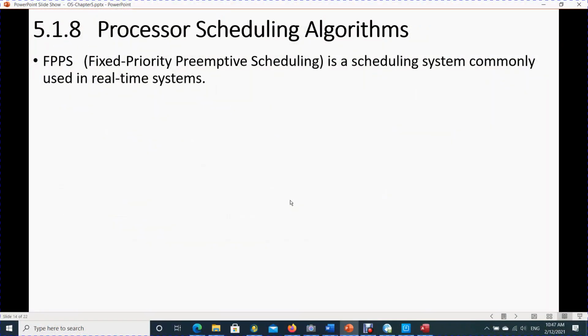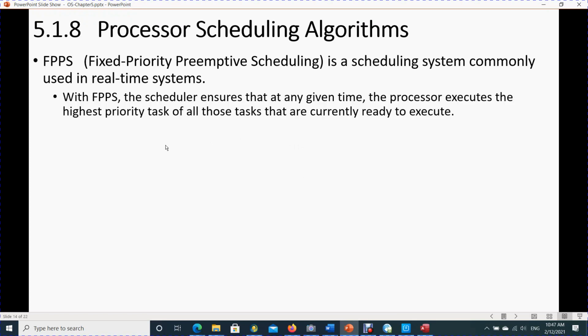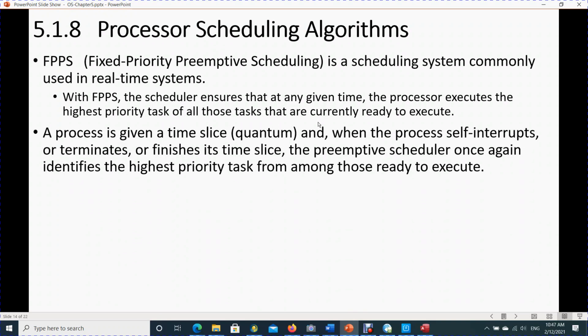Fixed point preemptive scheduling, FPPS, is commonly used in real-time interactive systems. With this system, the scheduler ensures that the processor will be assigned the highest priority task of all the ones currently ready to execute.